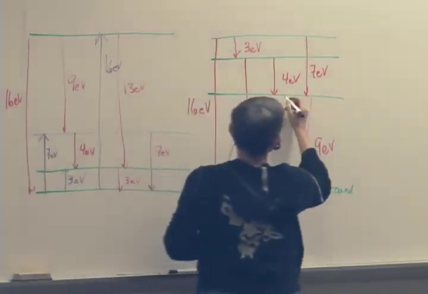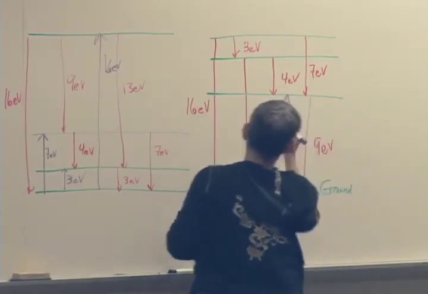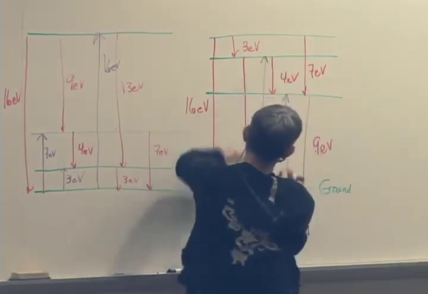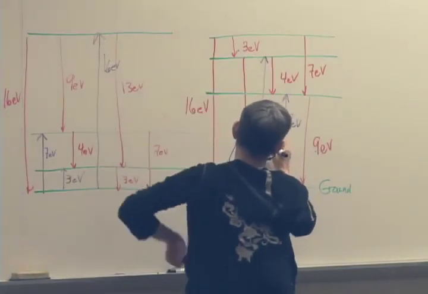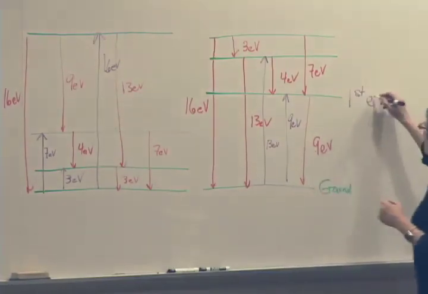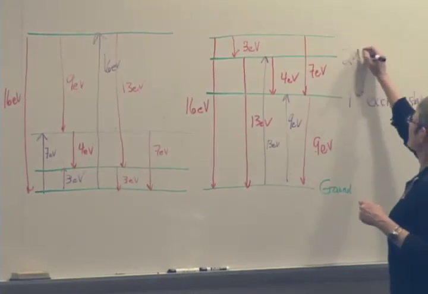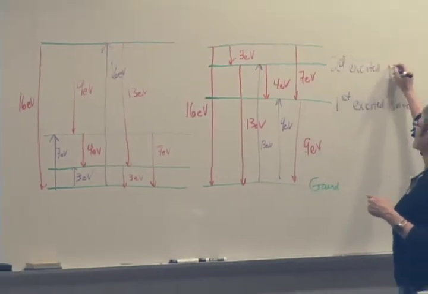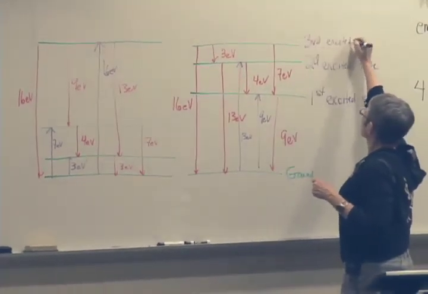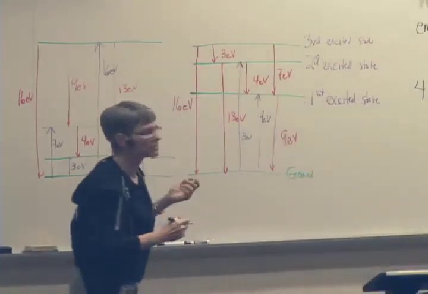Yes, 9, sorry. 9 eV, so that's this one, isn't it? And 13 eV, this is from the ground state to the first excited state. That's the second excited state, and this is the third excited state. And what's the last photon energy we'd see? 16.